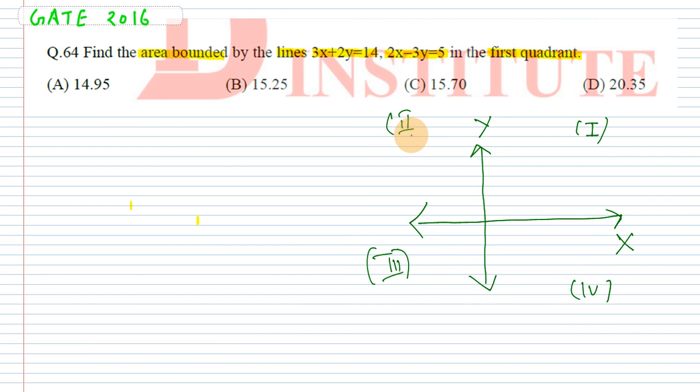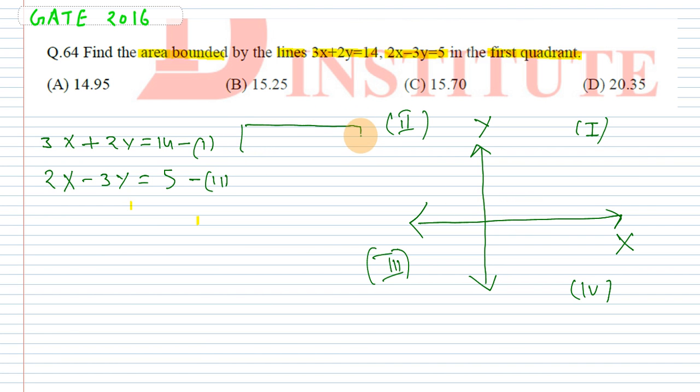So we are given two equations, 3x plus 2y equals 14, and 2x minus 3y equals 5. Suppose this is the first line equation and this is the second line equation, and these lines will be intersecting the x and y axis at some point. So we will find the coordinates where they intersect the x and y axis.